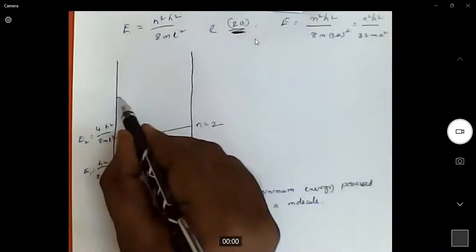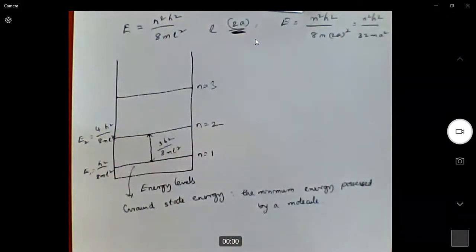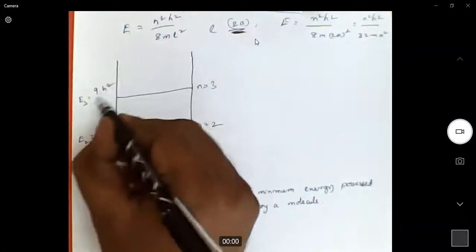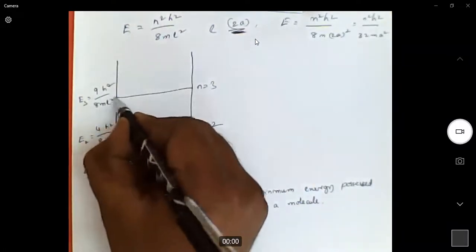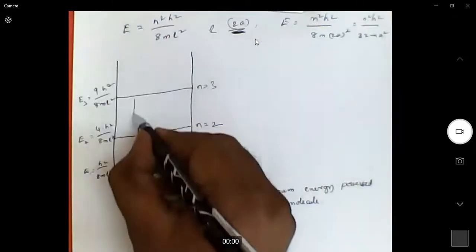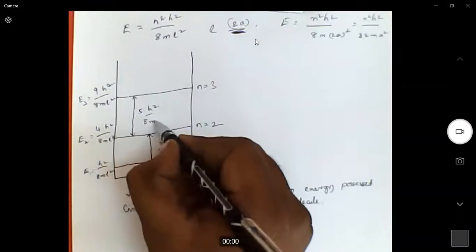Now we will go to the n is equal to 3 level. What is the n is equal to 3 level? E3 is equal to 9 because it is 3 squared, 9h squared by 8 m L squared. What is the energy difference between the third level and the second level? 9 minus 4, it is 5h squared by 8 m L squared.